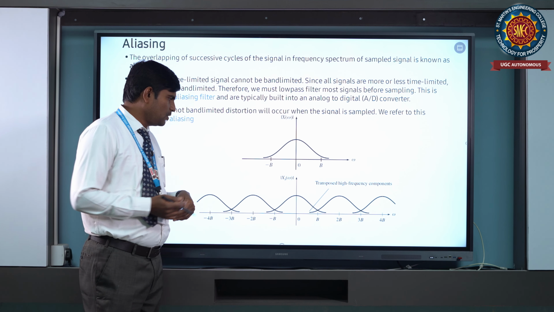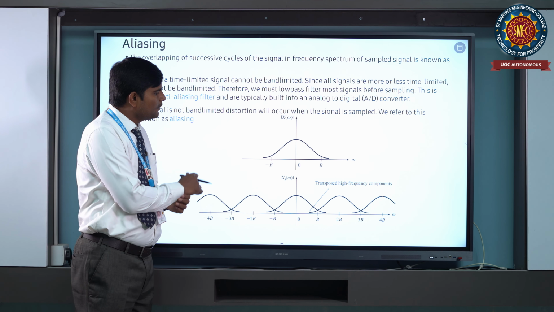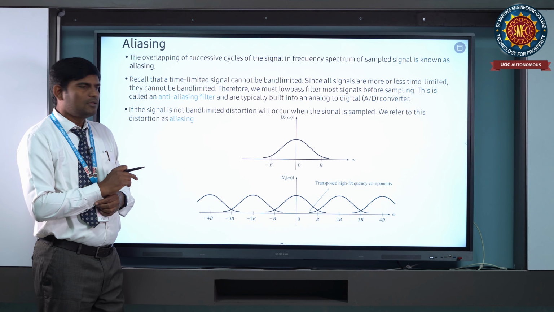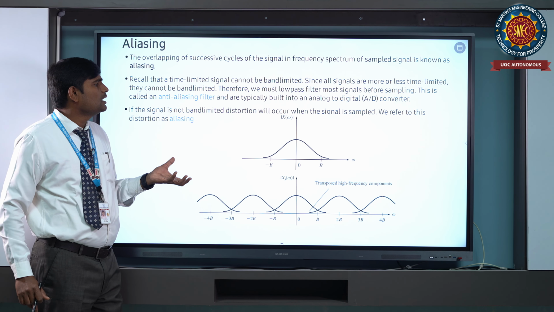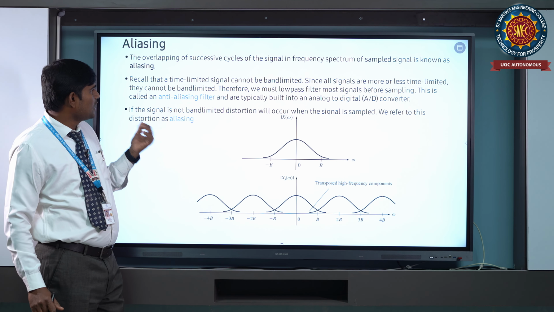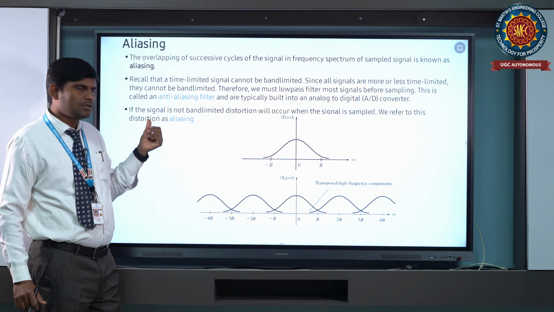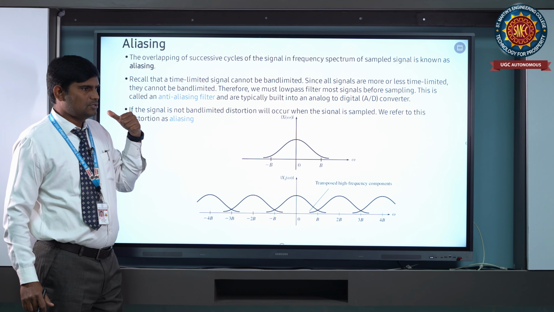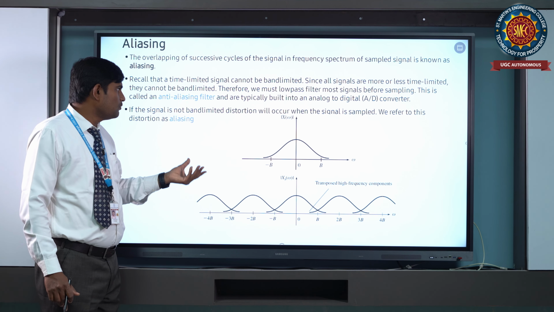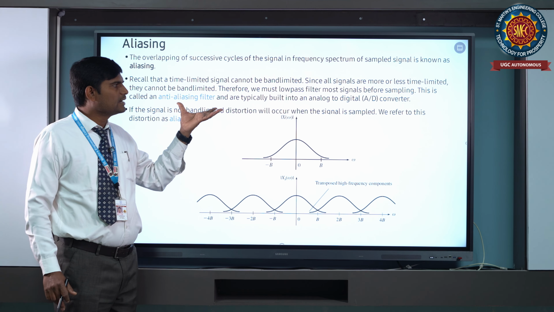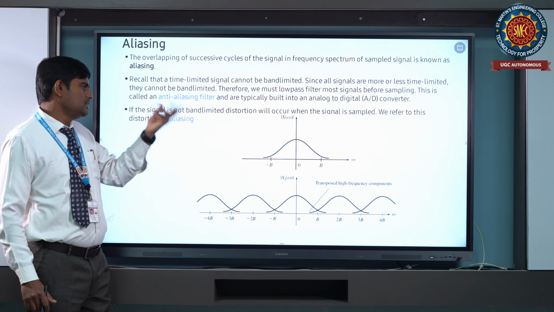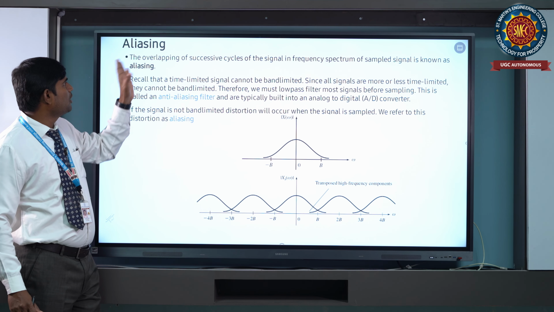Before performing sampling, we can go for the anti-aliasing filter. It is a low pass filter with a cutoff frequency. Most signals are time limited, not band limited. Therefore, before applying the sampling theorem, we have to perform low pass filtering on the given signal for conversion from continuous to discrete, so that we can avoid aliasing.